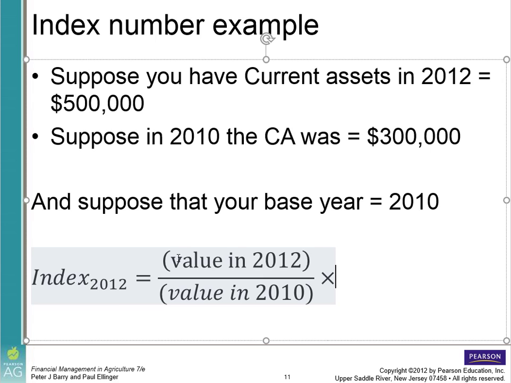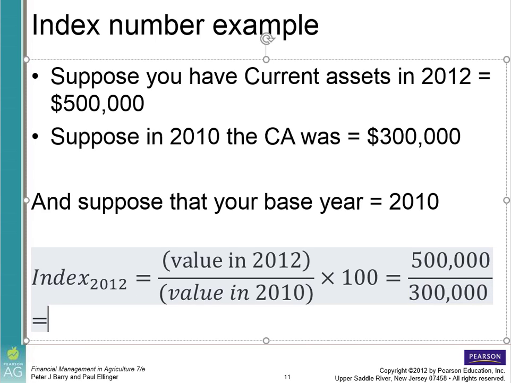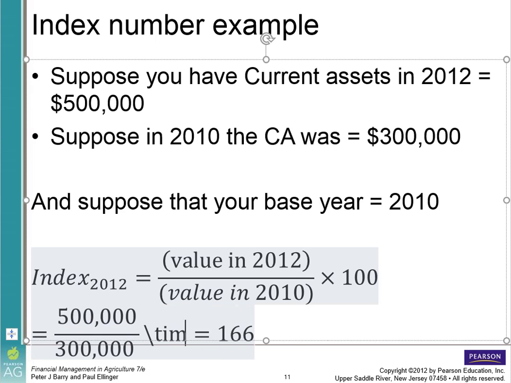Okay, so again, the value in the current year over the value in 2010, which is your base year, times 100. Okay, and then all you have to do is simply do 500,000 divided by 300,000, okay, which of course equals 1.6667, times 100 equals 166.67.